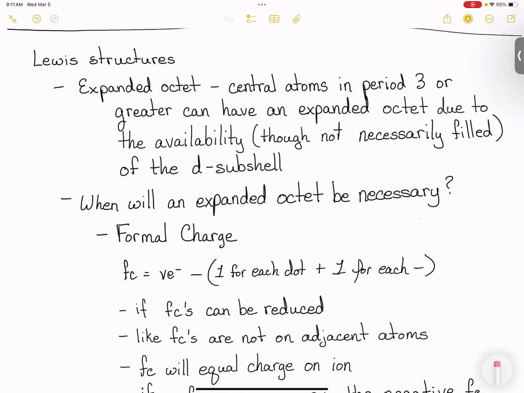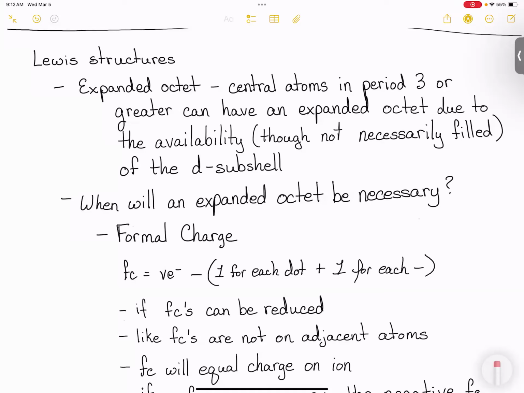The number of electrons that the nonmetal gained was the number required to achieve an octet. Once the metal lost its electrons, we place that metal in brackets with the charge as a superscript to the right.